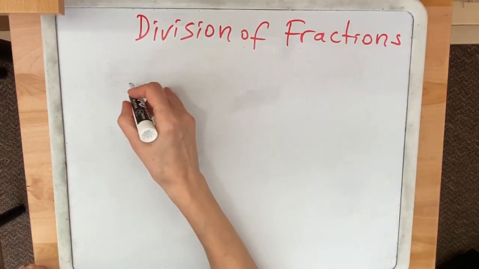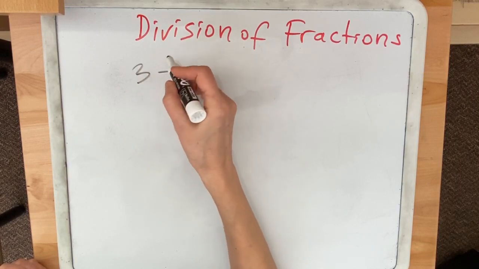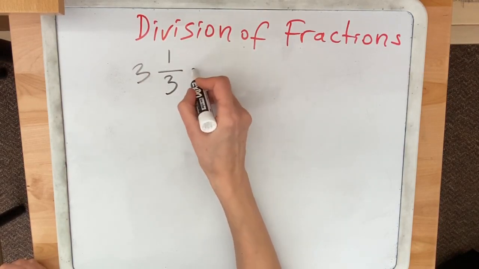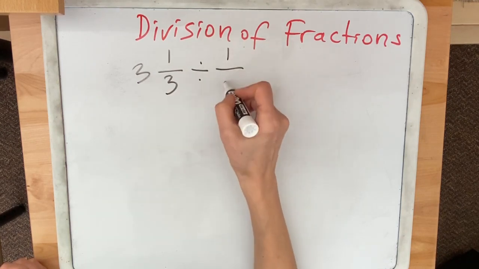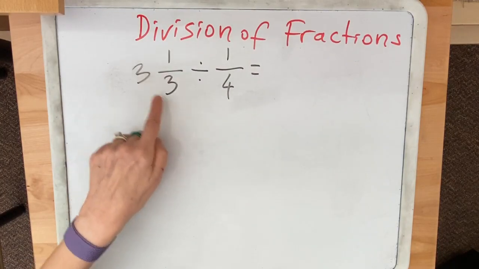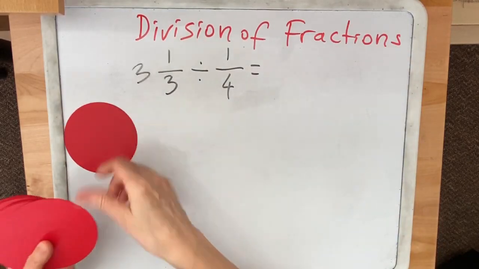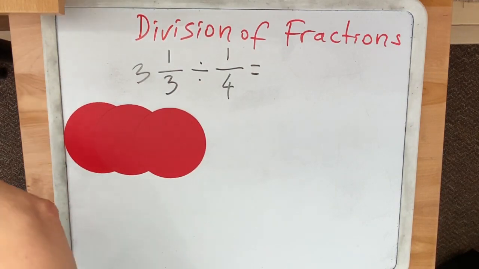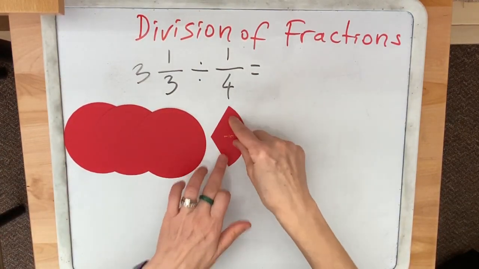Let's solve another problem. This time I'm going to write 3 1/3 for my dividend, and that'll be divided by 1/4. Okay, 3 1/3. So 1, 2, 3, and 1/3.